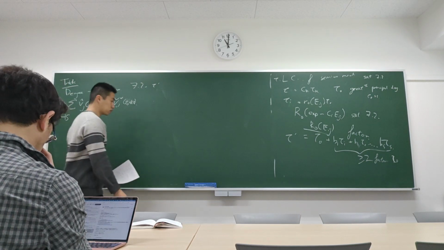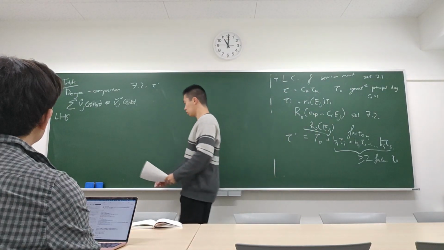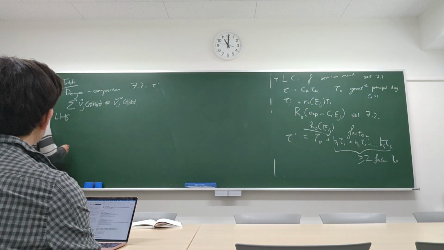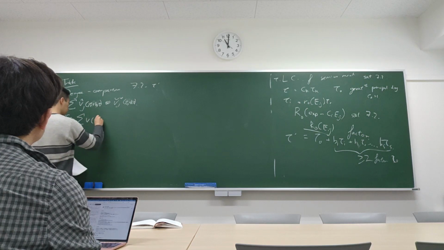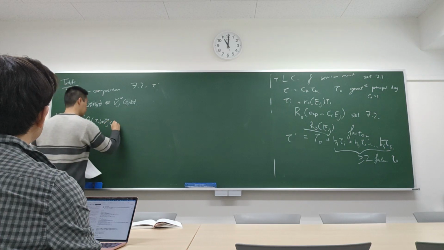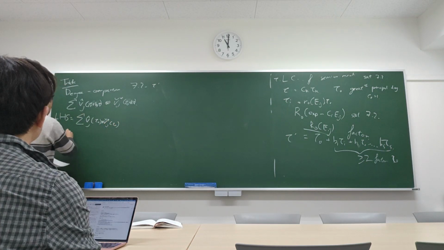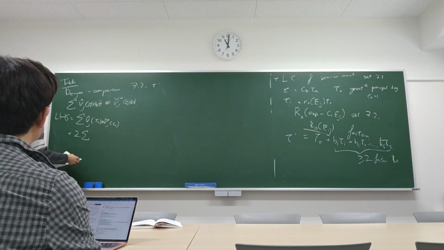So writing that out explicitly, the left hand side is going to be first term. There's going to be terms with tau_0 and something else.